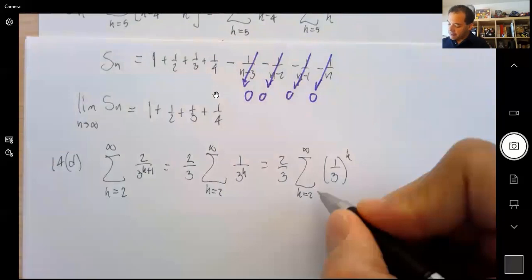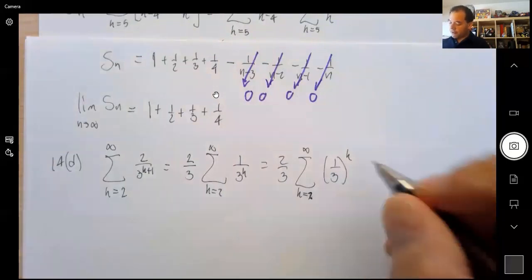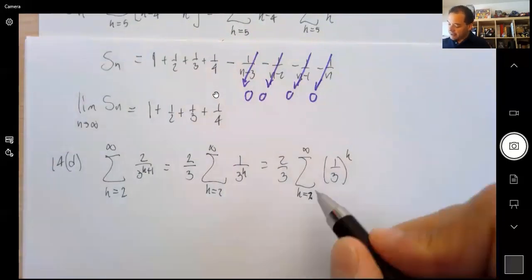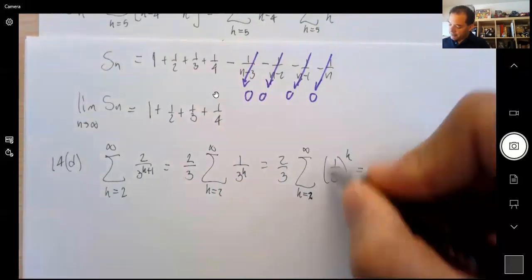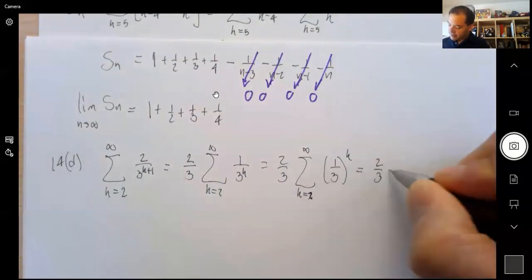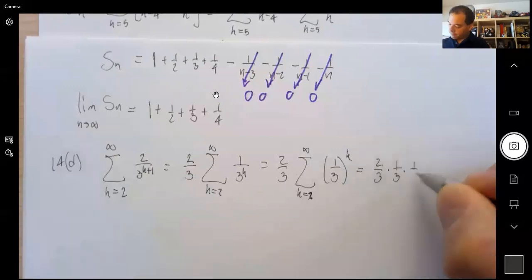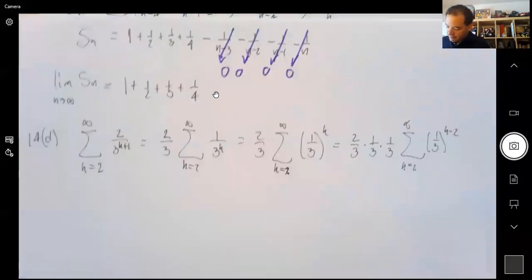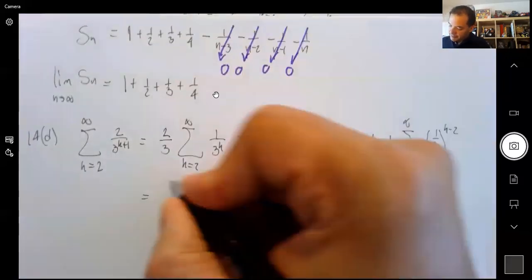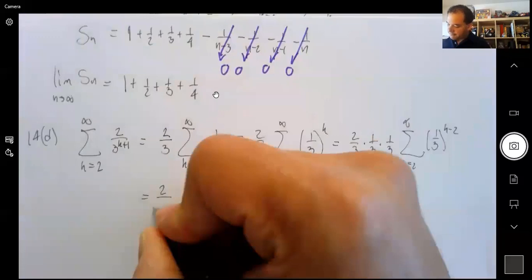Now, the problem is that this one starts at 2. But that's easy. So that means take 2 more out. So then take 2 of these guys out. So take 1/3 and another 1/3 out. And now it's going to be 1/3 to the power k minus 2, right? And this, if I simplify it, will be 2/27.